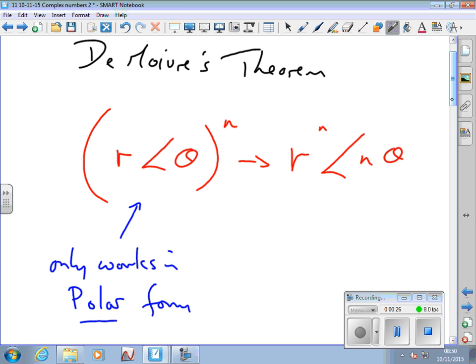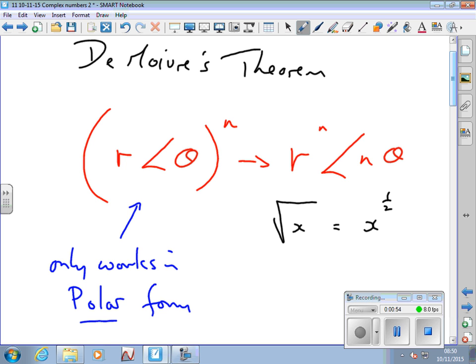It's a way of raising a complex number to a power n. So I could be squaring it, I could be cubing it. Remember that the square root of a number, when we touched on this when we did our algebra, the square root of a number, say x, is equal to x to the half. So in other words, I can convert something like the square root to a power.